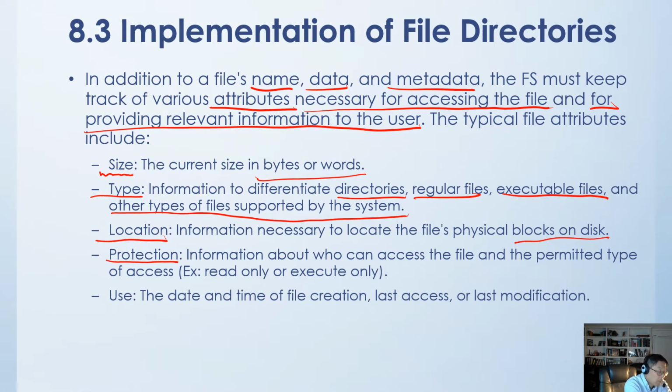So you have to provide that information in the file attributes. And also the date and the time of file creation, last access, and the last modifications. Okay, so these are very important information related to a file.